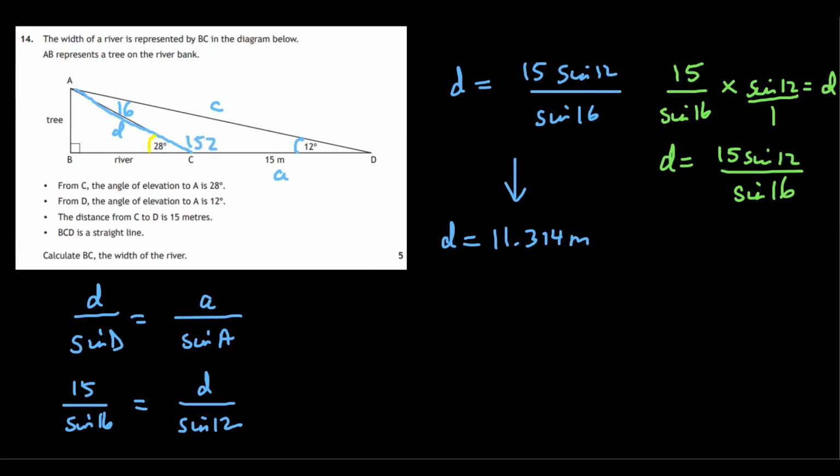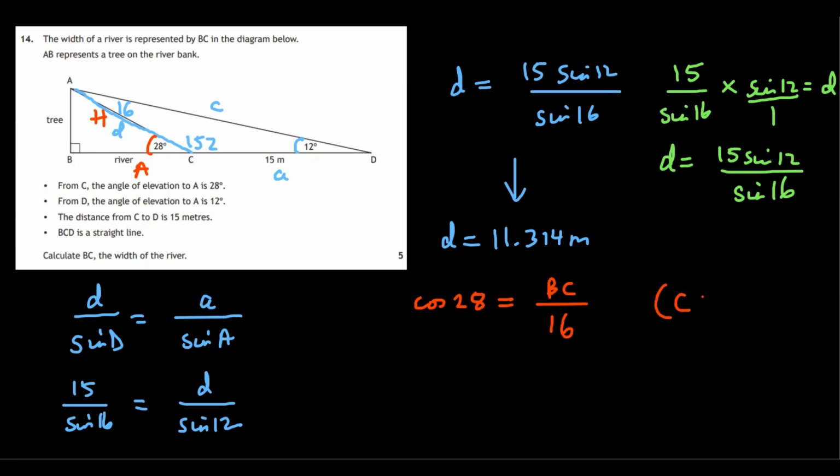So we've got the angle, and then we're trying to find the adjacent to the angle, so that would be A for adjacent. And then we've got the hypotenuse as well. So it would just be CAH. So cos 28 equals adjacent, that's BC, over hypotenuse, that's 16.